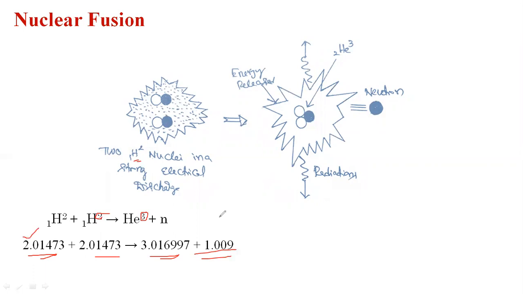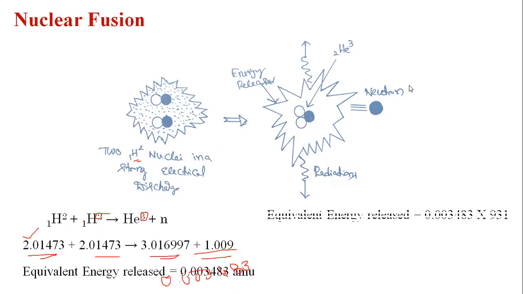Here also we are comparing the energy equivalent. Comparing the left hand side to the right hand side, the value is 0.03483 AMU. Now you can observe here, 1 AMU is nothing but 931 mega electron volts.